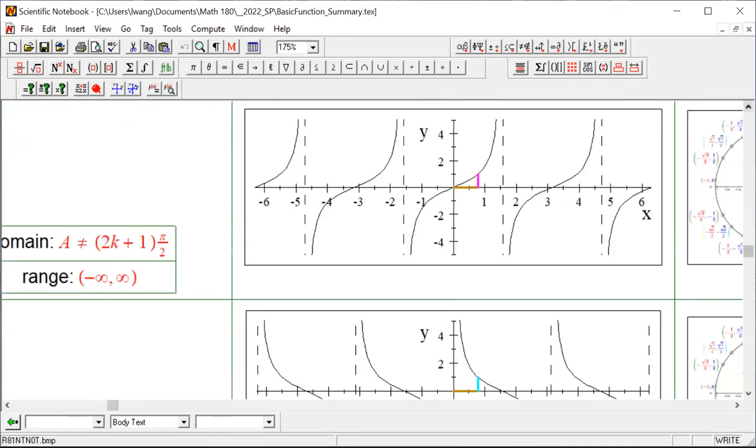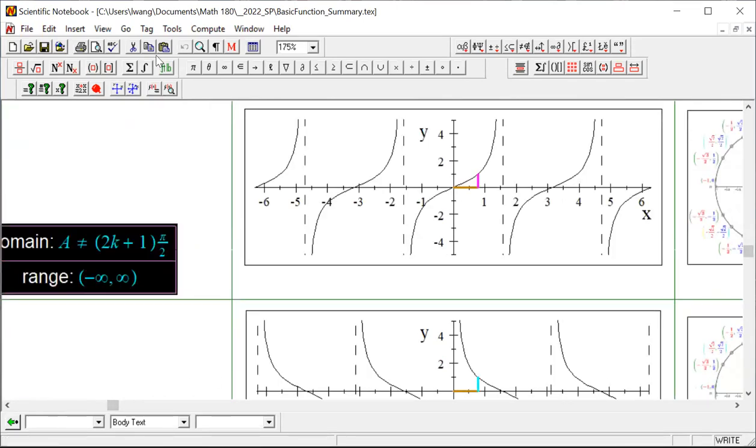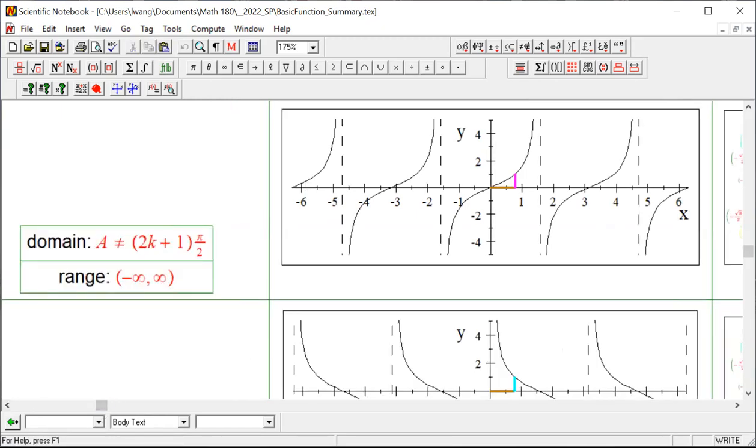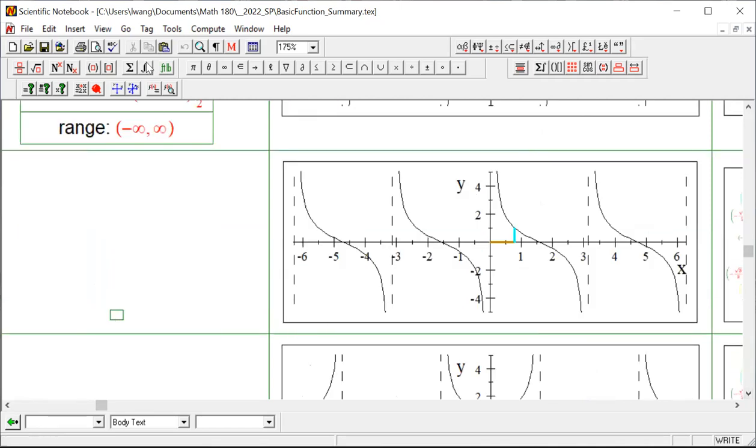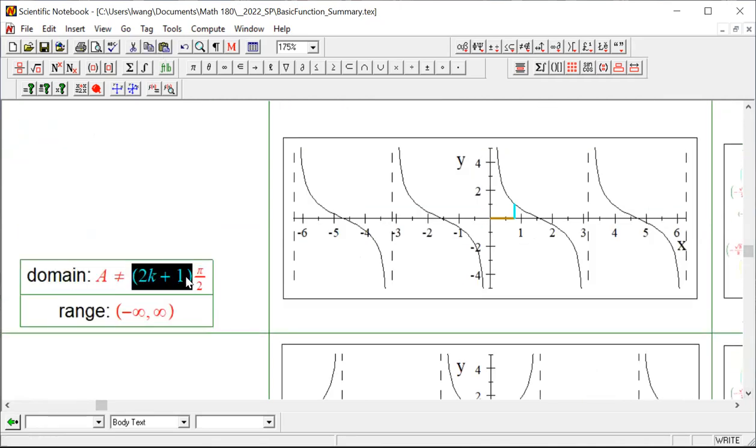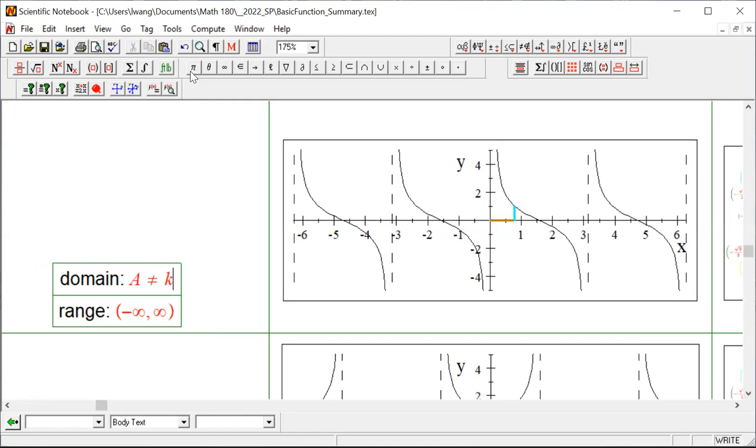So for the domain, cotangent's domain is the angle cannot be any multiples of pi. K is any integer.